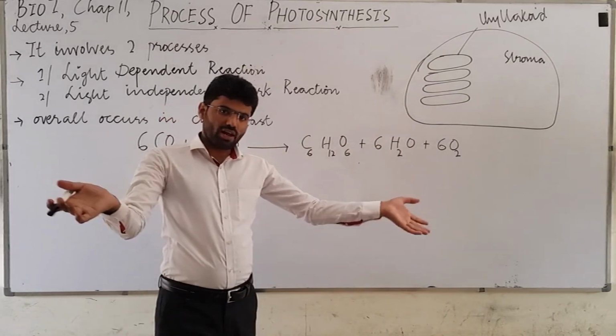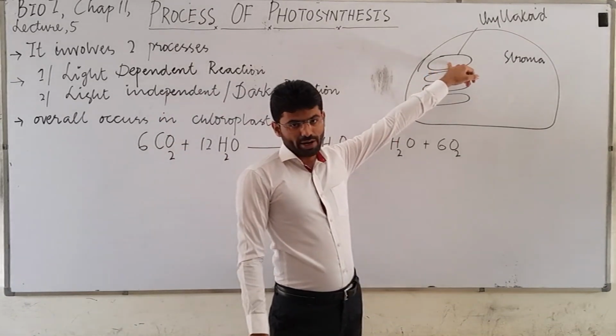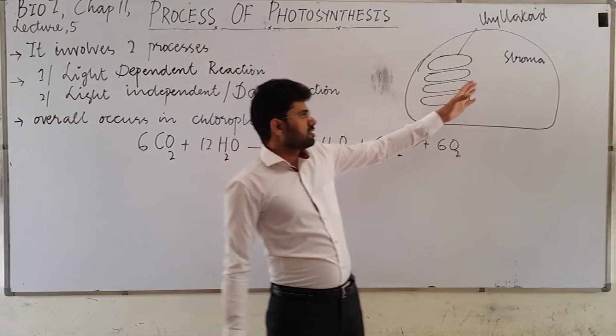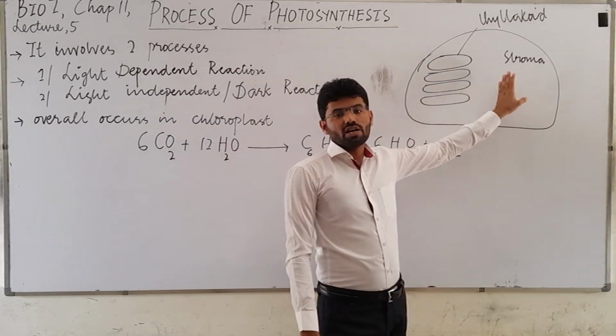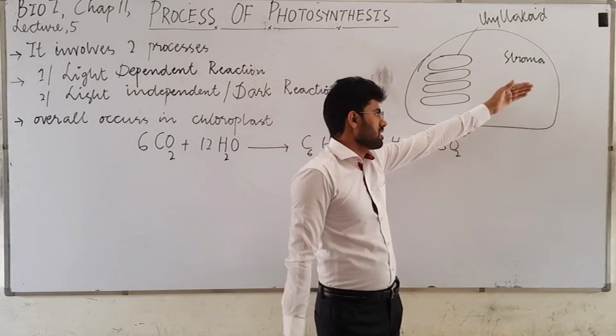So inside the chloroplast there are 2 things: the disc-like thylakoid, in which the light reaction occurs, and the space called stroma, in which the dark reaction occurs.